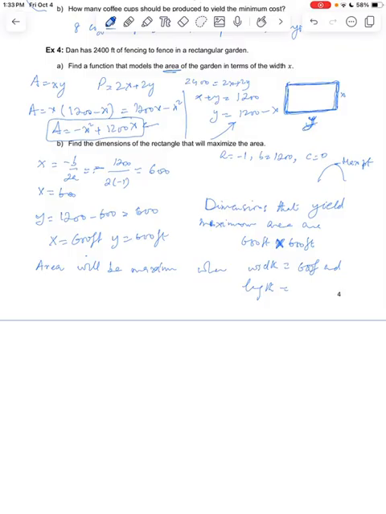So this is how you can find the answer. Okay, so this is how we do these word problems.